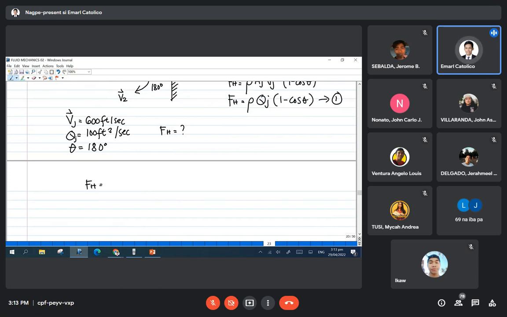Therefore, horizontal force is equal to density, 62.4 pound mass per cubic feet. Q natin is 100 cubic feet per second. Then 1 minus cosine 180.